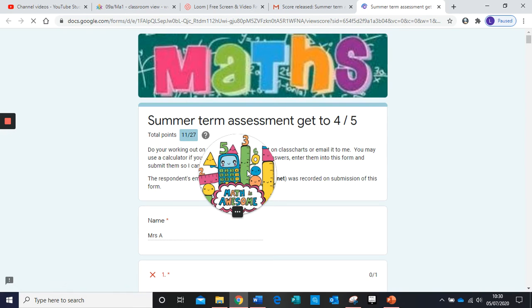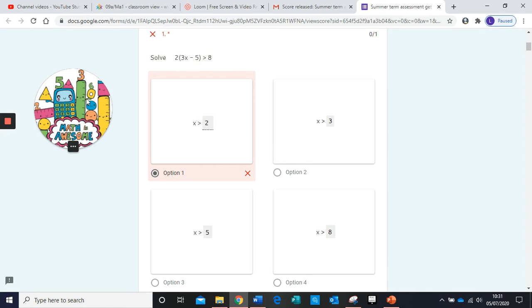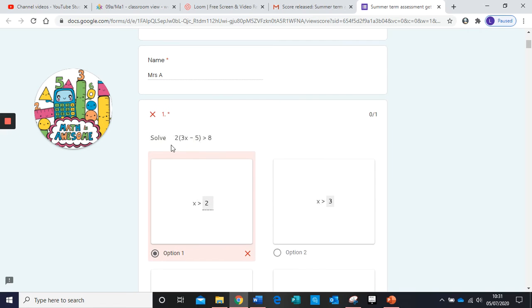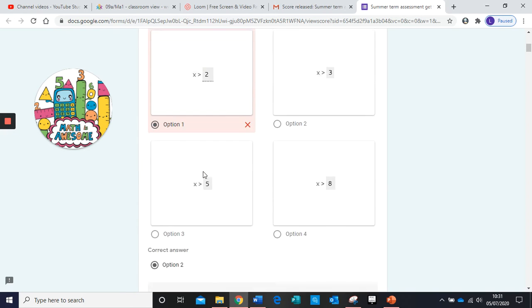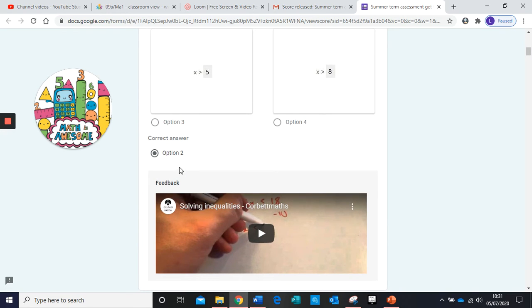Okay, so here we are. You can see Mrs. A. I got 11 out of 27. And now I'm going to scroll through to show you how this is going to work. So, for example, question 1, I chose a random answer, got it wrong, and it tells me which answer is correct. So I am giving you the answers.